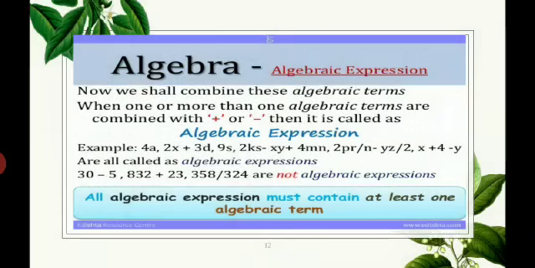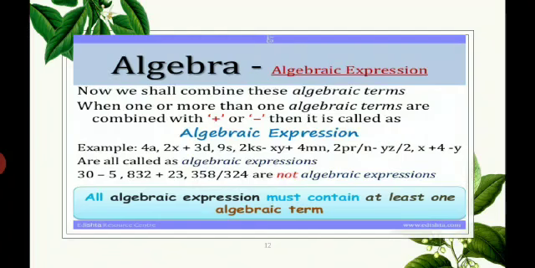Next, now we shall combine these algebraic terms. When one or more than one algebraic terms are combined with plus or minus, then it is called an algebraic expression. For example, 4a is one expression. The next one is 2x plus 3d, then the third one is 9s, the fourth one is 2ks minus xy plus 4m, and these are a few or more.